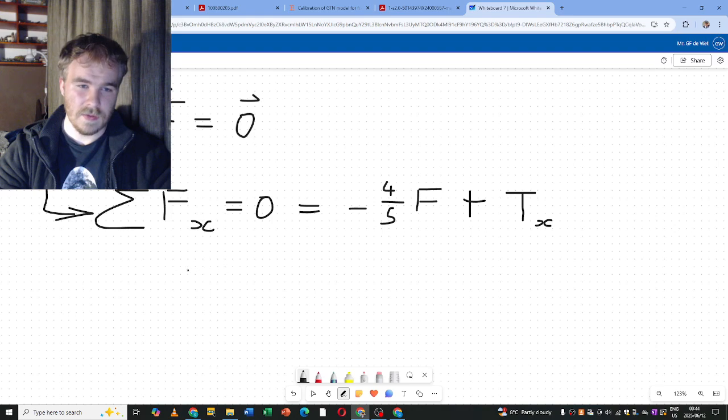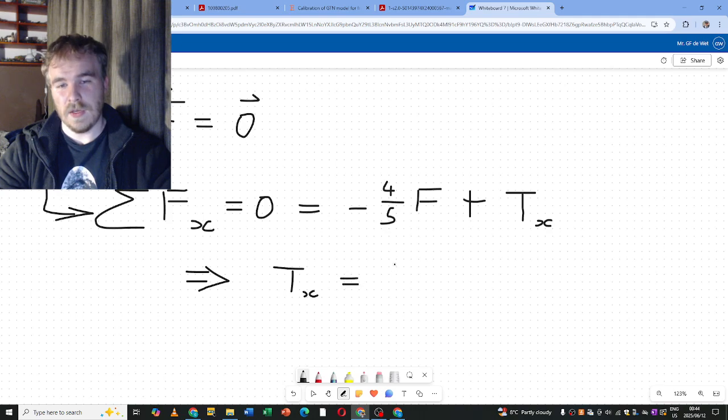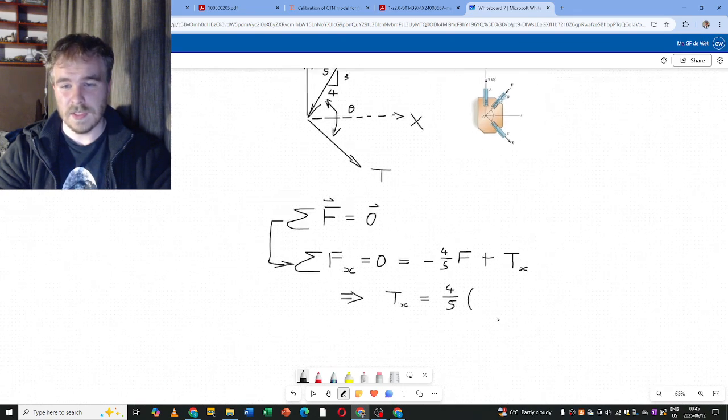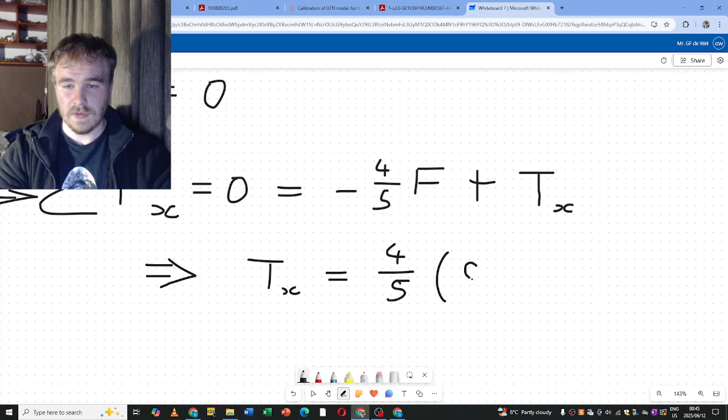So from here, we can take this 4 over 5 F to the other side, then Tx is going to be 4 over 5 times the magnitude of F, which is 8 kilonewtons.